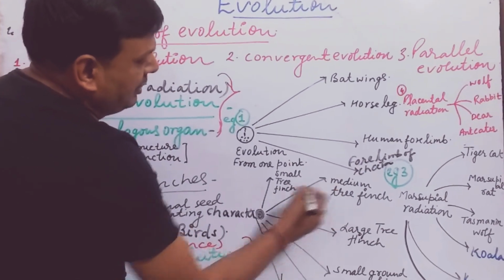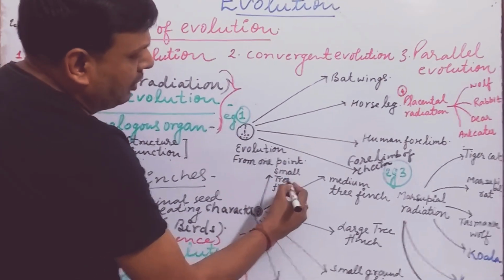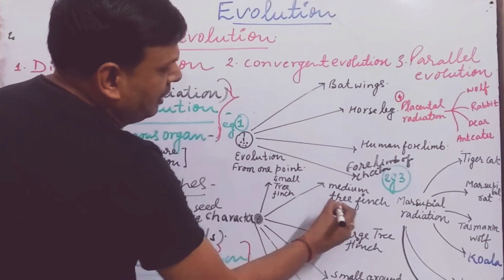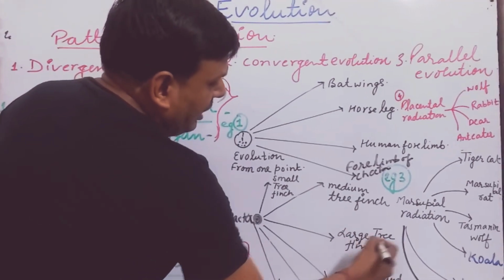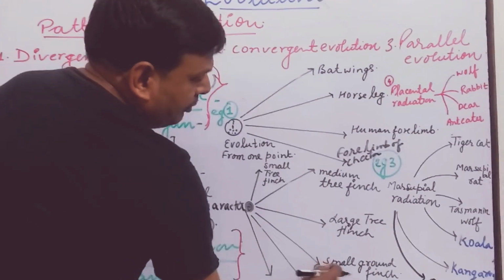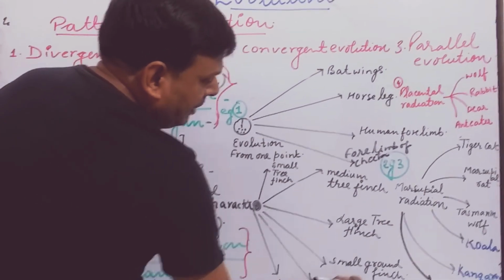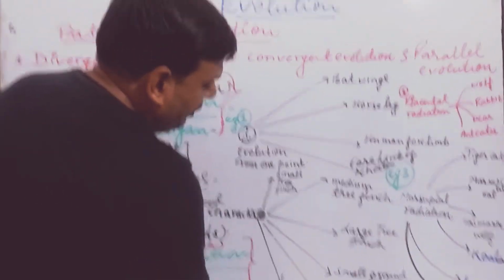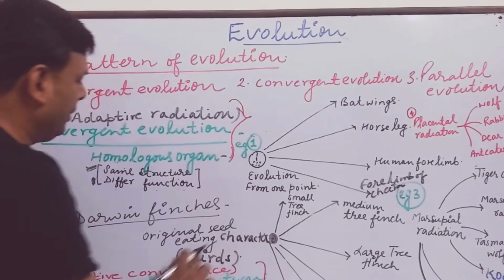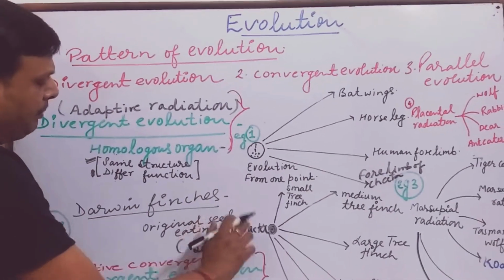So there are different finches in Darwin's finches, like the small tree finch, medium tree finch, large tree finch, small ground finch, medium ground finch, and large ground finch. These are also examples of divergent evolution or adaptive radiation.